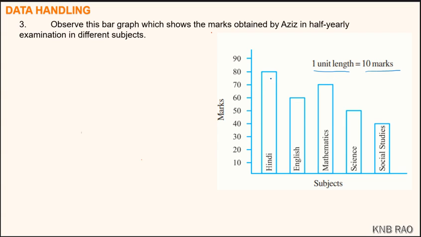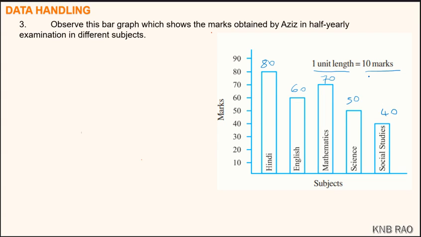First, the maximum marks scored by Ajij is in Hindi, that is 80 marks, and the minimum marks scored by Ajij is in social studies, where he got 40 marks. Then coming to the rest of the subjects, you can say 60 marks scored by him in English, 70 marks in mathematics, and 50 marks in science.